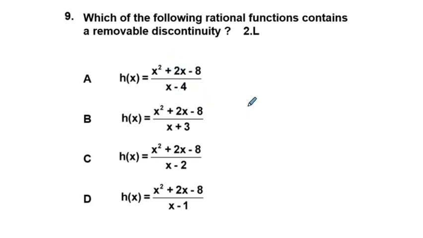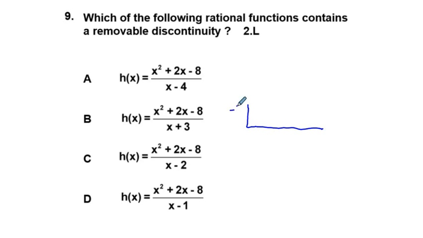I'm not going to do all of the ones that I saw Brandon do. I'm just going to do answer choices B and C. So here we're dividing x squared plus 2x minus 8 by x plus 3.